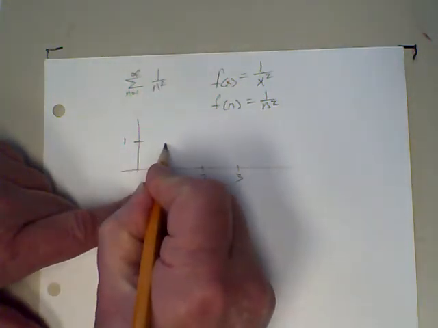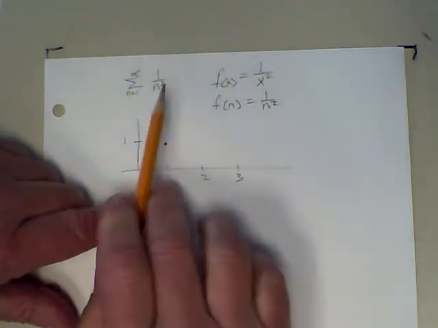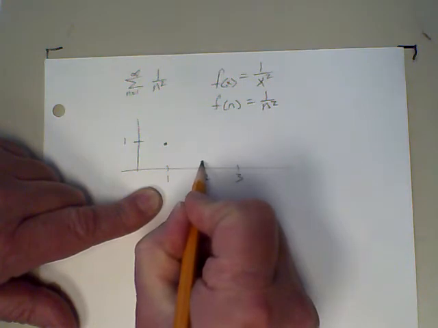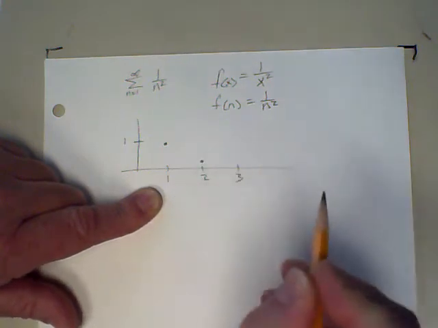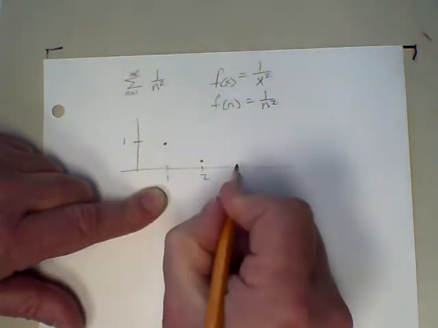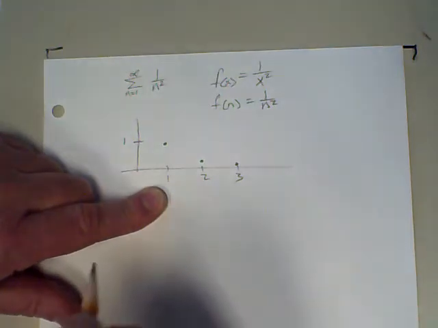That would give us a point right here. If I let n equal 2, I get 1 over 2 squared. That would be 1/4, roughly speaking right there. If I let n equal 3, I'll get 1 over 3 squared, about 1/9. So now we're getting down here.